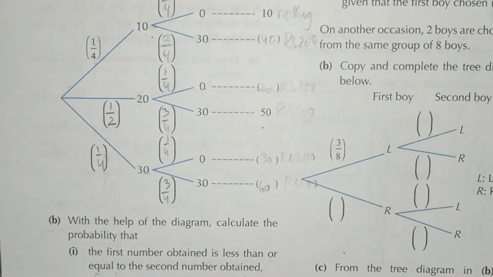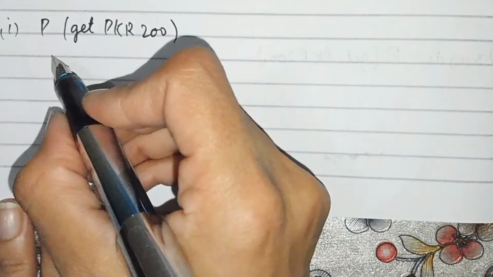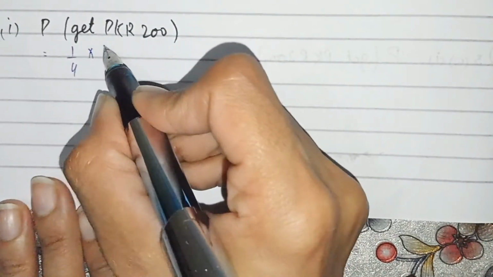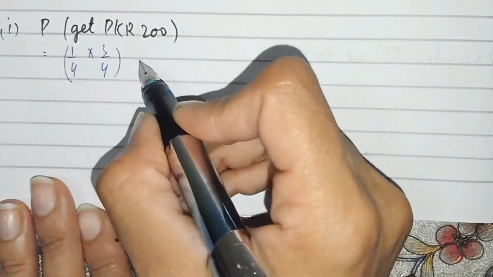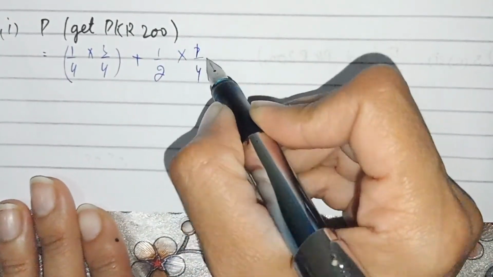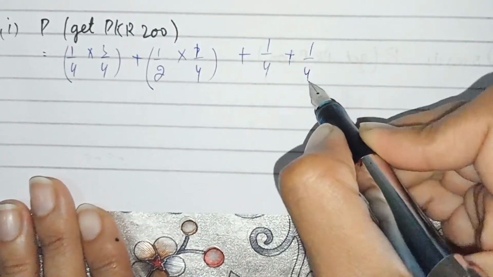Now students, we have to find the probability of getting 200. We saw in the tree diagram that it is 1 by 4 and 3 by 4, and 1 by 2 and 1 by 4, and 1 by 4 and 1 by 4.